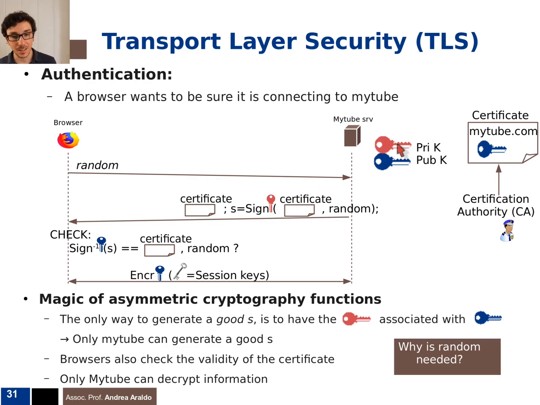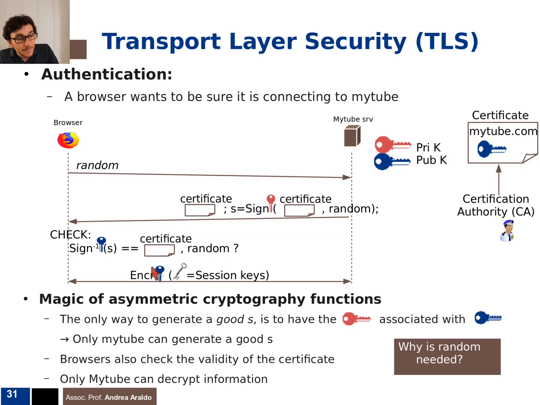Any other attacker doesn't have the correct private key, so they will not be able to produce a signature that is correctly invertible. At this point, the browser knows it is talking with the real MyTube node.